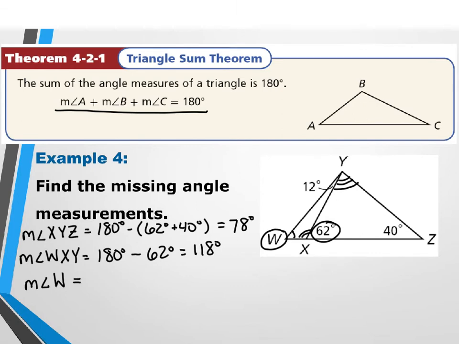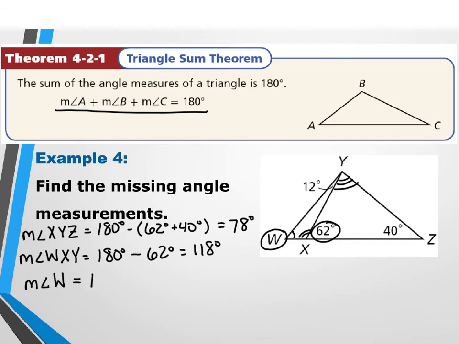Measurement of angle W. Now that we have this angle measurement inside our triangle, and we have this little angle measurement of 12, we can subtract that from 180, again using the triangle sum theorem, and get our angle.